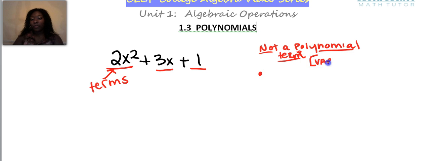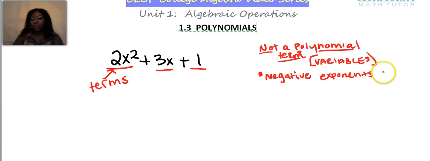The variables specifically cannot have negative exponents, for example x to the negative 2.